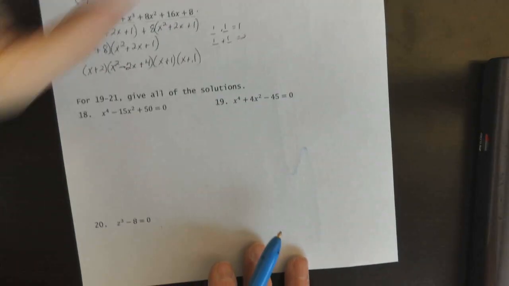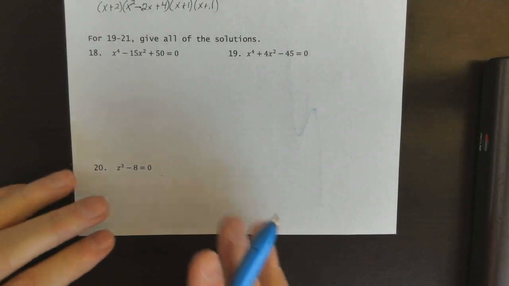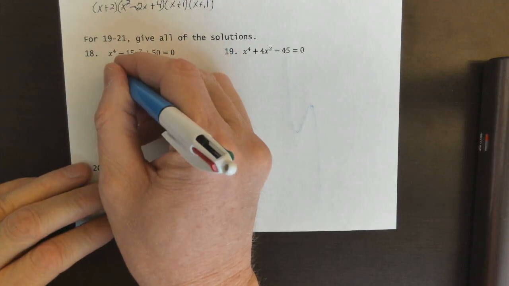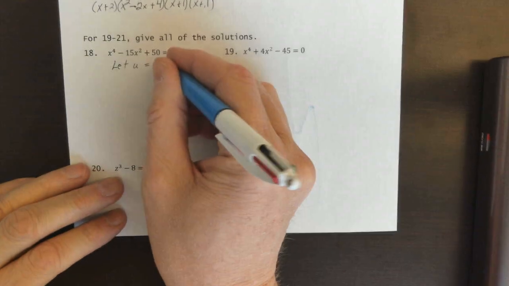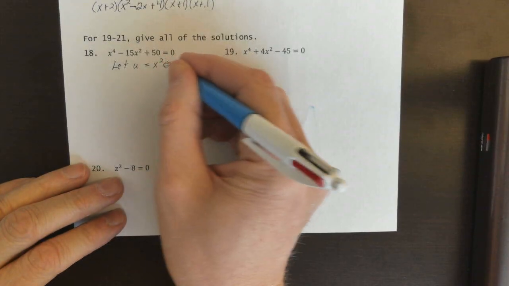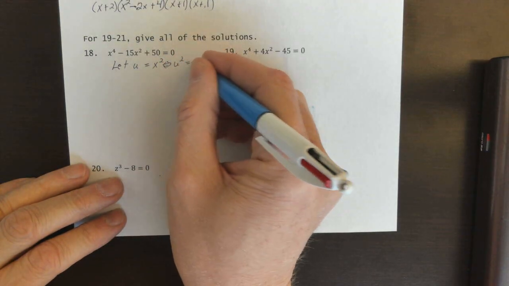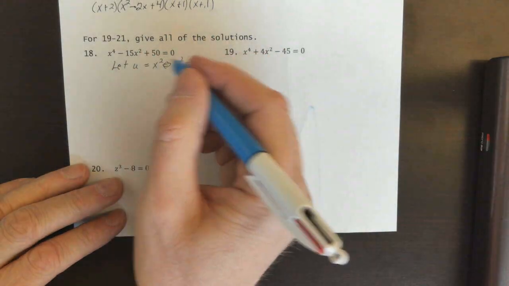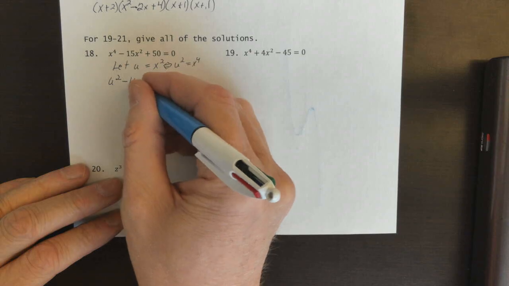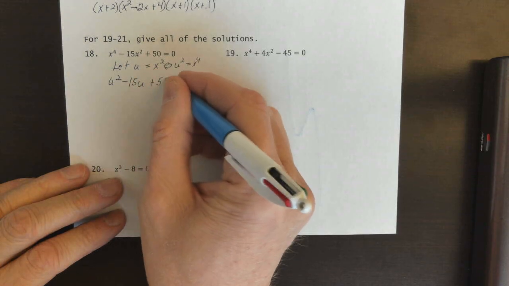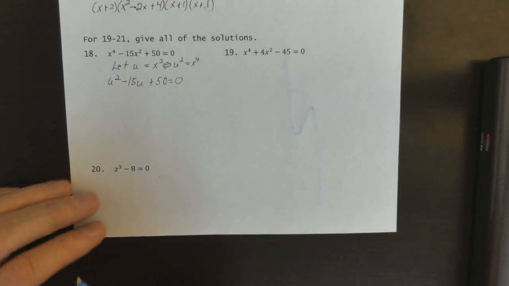All right, last thing we have here are some equations to solve. This is the kind where I'm going to use quadratic techniques. I'm going to let u equal x squared, which means u squared is equal to x to the 4th. So this is u squared, when I substitute, minus 15u plus 50 equals 0.